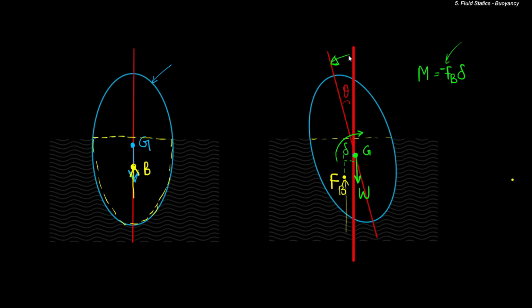So when you tilt, or rather when you try to rotate the object about this axis, there is a net moment in the clockwise direction. So the anticlockwise tilt leads to a clockwise moment.